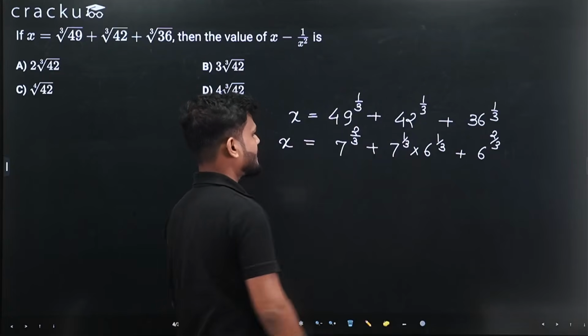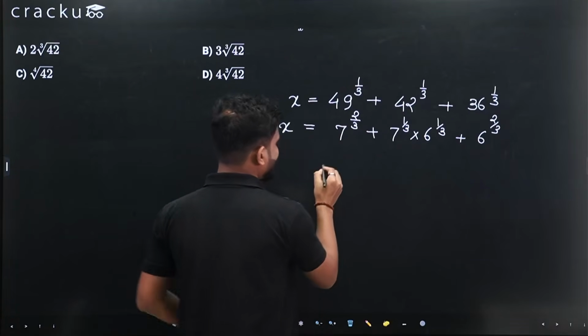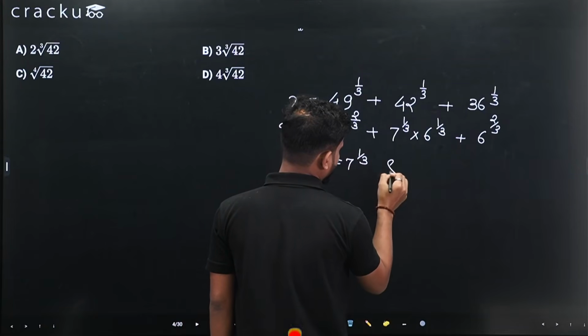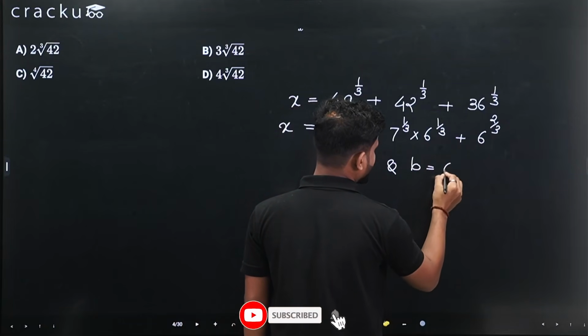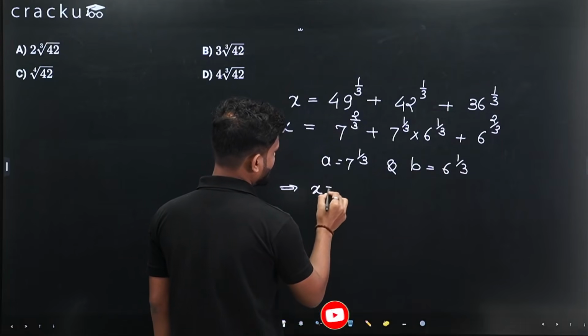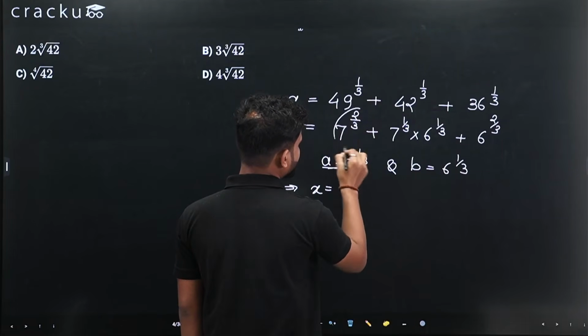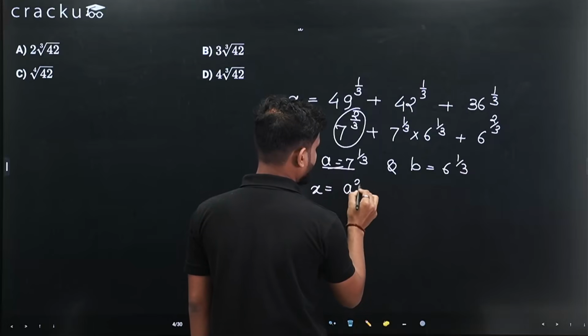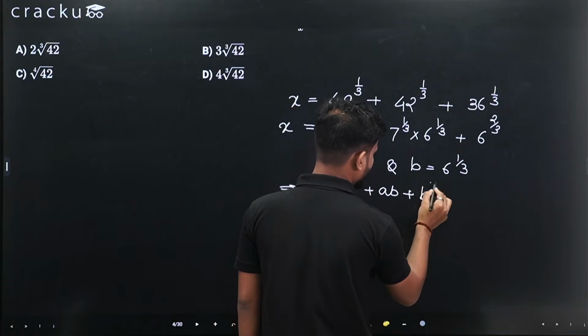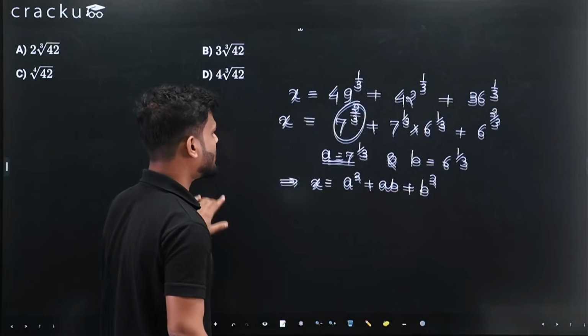So this you get. Now let us put A is equal to 7 raised to 1 by 3 and B is equal to 6 raised to 1 by 3. From here you get x is equal to, this is nothing but A square plus AB plus B square. Now you know an identity.